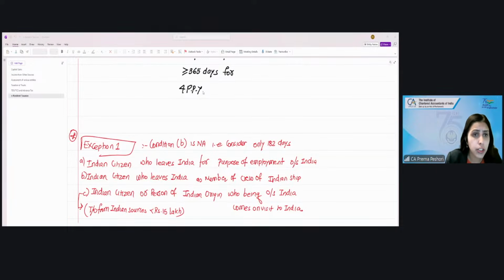Crew of Indian ship. Very good. Yes, Samnithan. But what is the entire condition? Employment outside India. Yes, but what is the entire condition?